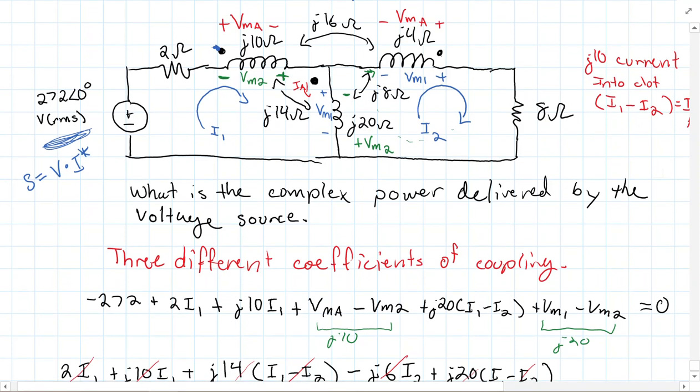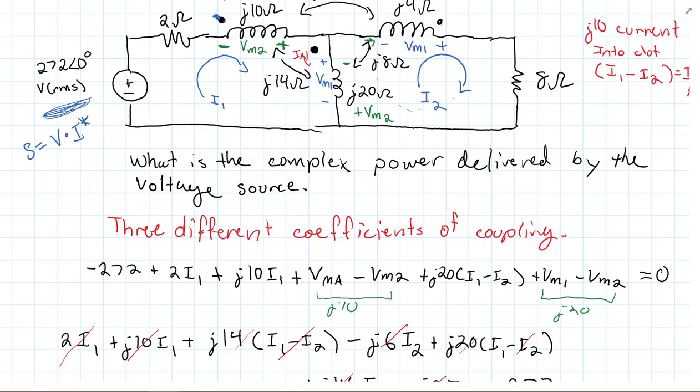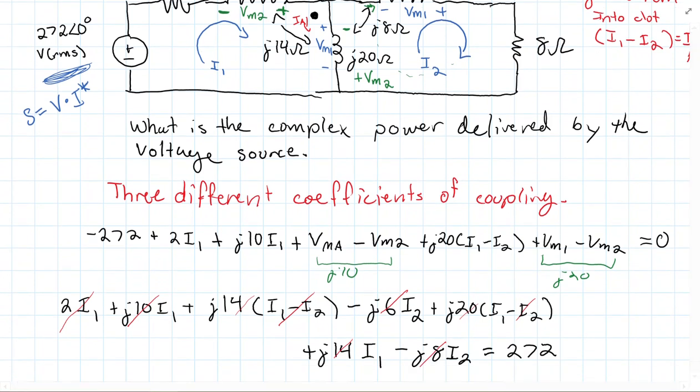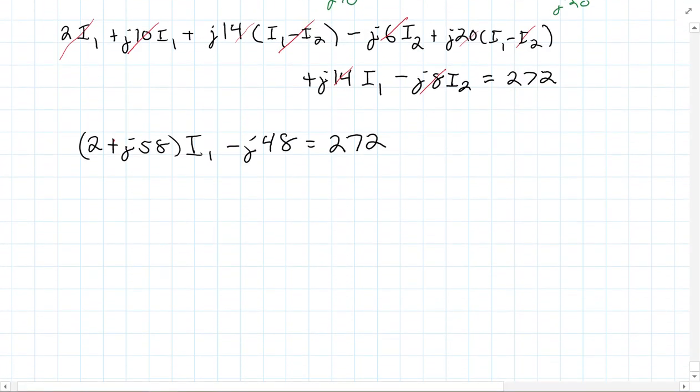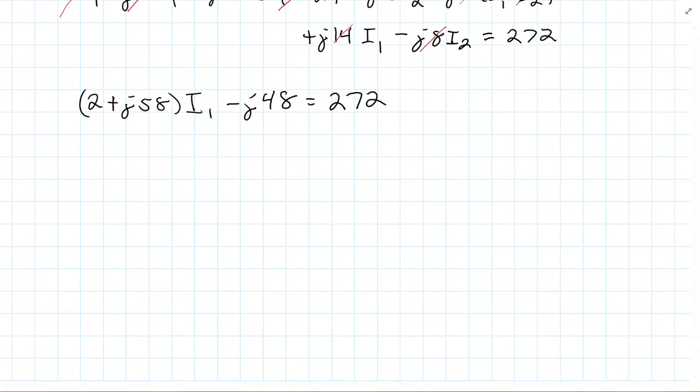So I got a negative for both the VM1 and VMA. So we have here j4 I2.